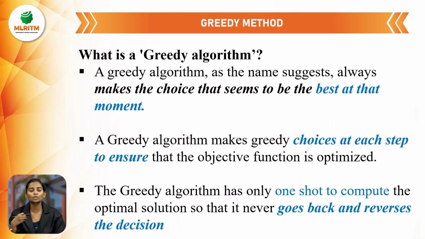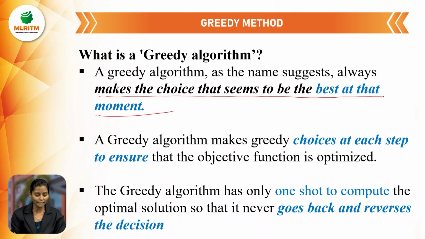We are going to opt for one single solution which is best suited for a user based on their priority. That is the reason it always makes the choice that seems to be best at that moment. And next, whenever we have chosen one solution, we cannot reverse that decision.